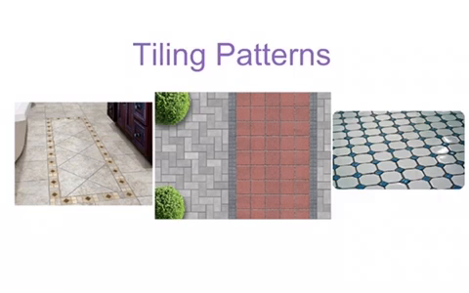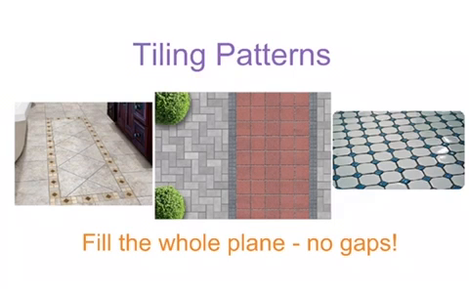Now that's something really important to understand about a tiling pattern. In order for it to be a tiling pattern, the pattern shapes have to fill the whole plane. And what that means is that they don't make up any gaps.